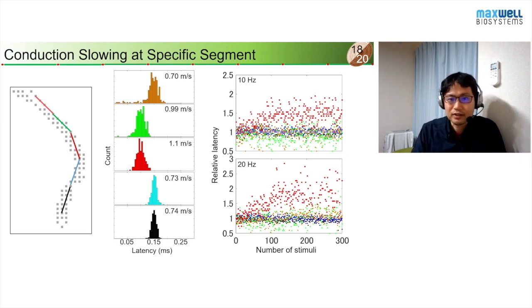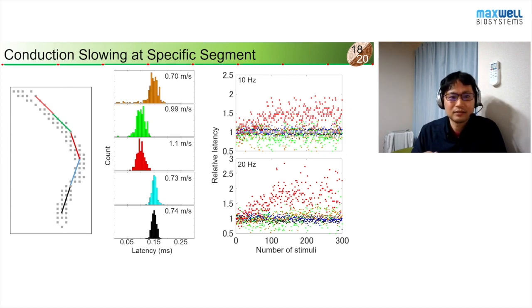Furthermore, plotting the response to 10 and 20 Hz showed that conduction time was extended only in the central red segment. This result indicates that the decrease in conduction velocity occurs in a specific segment of the axon.